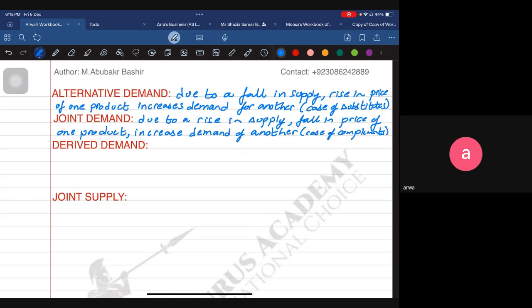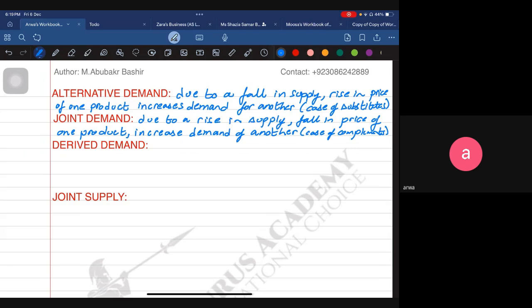If you have lemons and lemon juice, if the demand for lemons becomes high, then the demand for lemon juice is going to be high because you can't produce lemon juice without lemons. I'm not sure that's right, but it basically means that the demand for one product is being derived from another. So the demand for lemon juice in this case is being derived from an increase in demand of lemons.